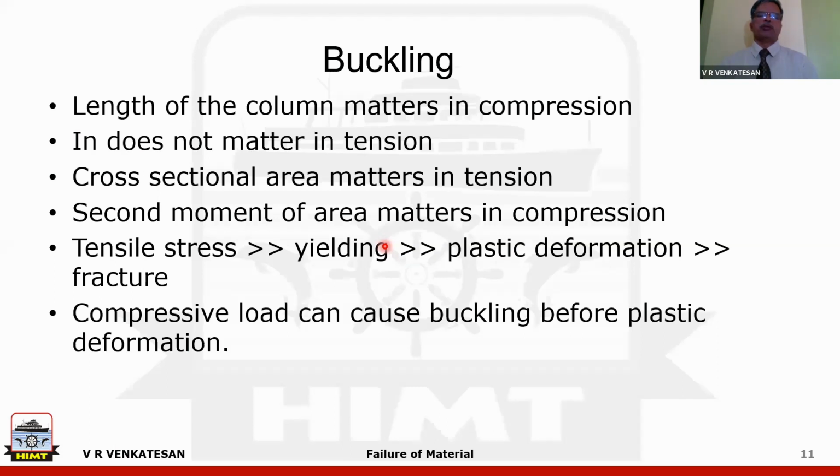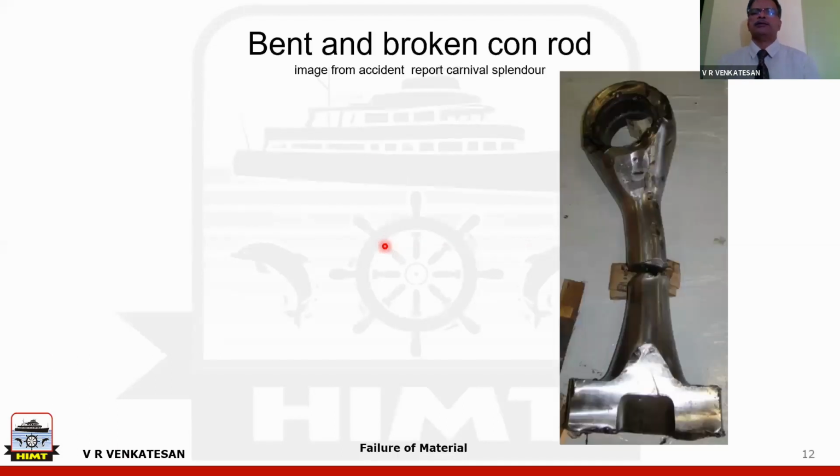So plastic deformation means the part will get smaller, or the length will reduce. Even before the length reduces, the buckling can take place. So for any kind of compressive load, the most important failure mode is buckling.